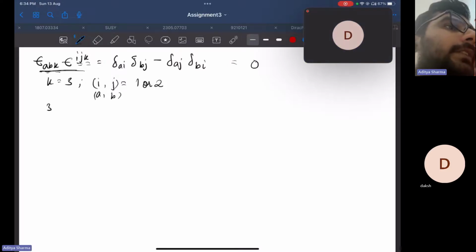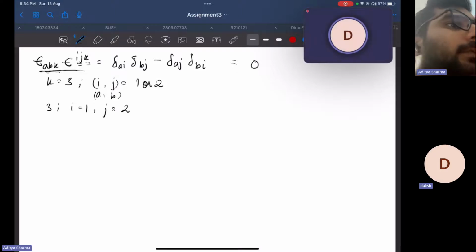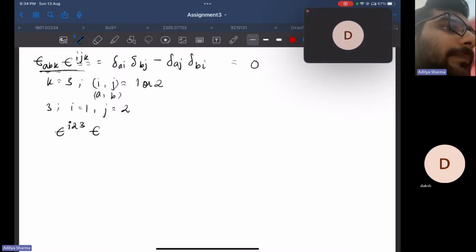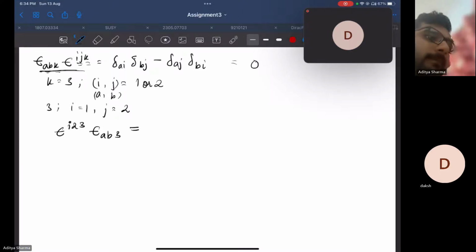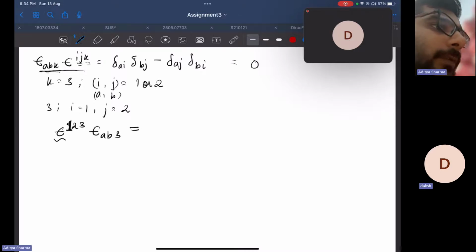Take k equal to 3, and i equal to 1, j equal to 2. Then you have something like epsilon 1 2 3 times epsilon A B 3. Now epsilon 1 2 3 is nothing but 1, right?